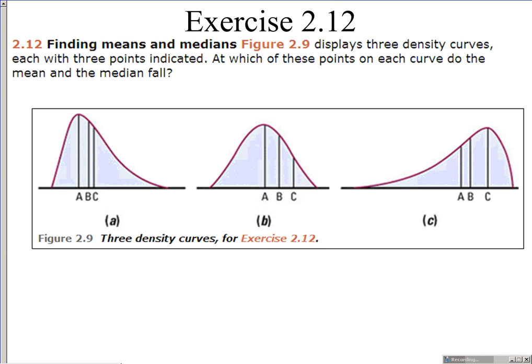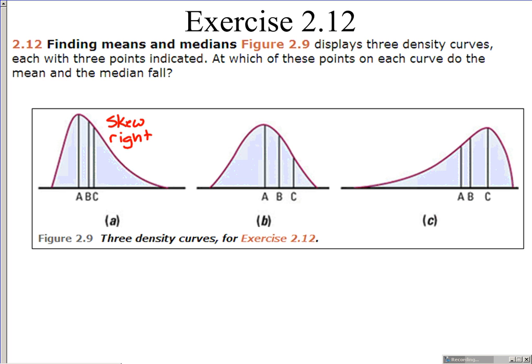All right, last thing here, finding means and medians. Figure 2.9 displays 3 density curves, each with 3 points indicated. At which of these points on the curve do the mean and the median fall? First of all, let's identify the shapes here. This first shape is going to be skew to the right.